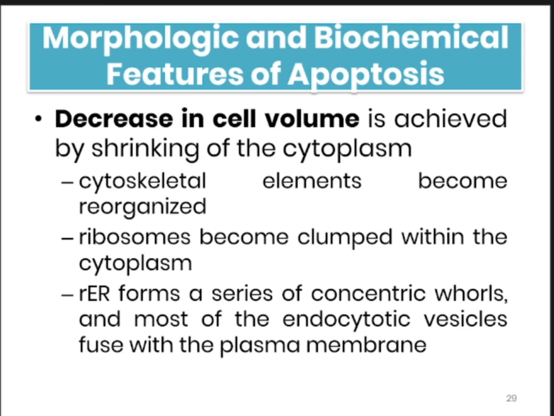There are also changes in the endoplasmic reticulum. The rough endoplasmic reticulum particularly forms a series of concentric whorls as part of the cell's apoptotic process. And most endocytotic vesicles fuse with the plasma membrane, facilitating the removal of the cellular debris and contributing to the cell's overall reorganization during apoptosis.